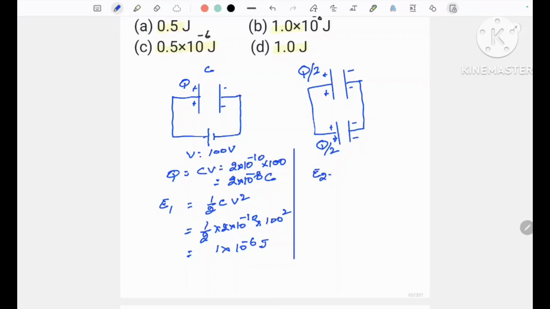E2 energy stored will be 2 into, अगर इसको हम स्मॉल q से डिनोट करें, half q स्क्वायर बाय c.